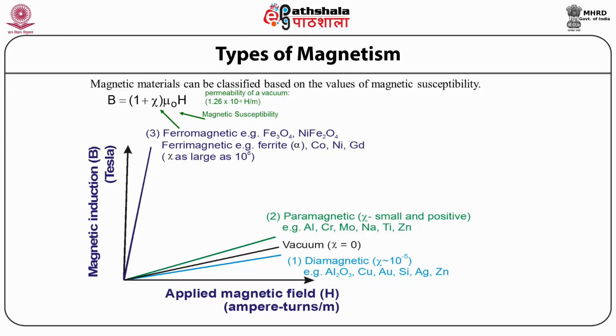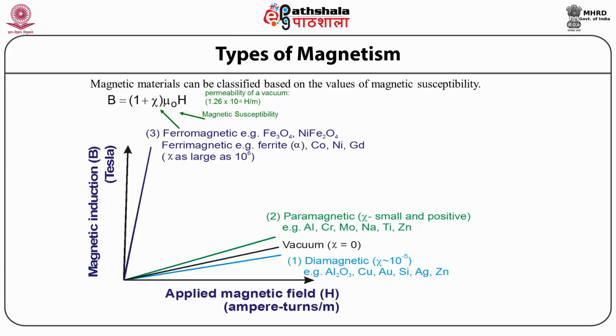Paramagnetic materials, which are represented by graph 2, have the magnetic susceptibility to be approximately equal to 0. And the materials which exhibit the paramagnetic behavior are aluminium, chromium, molybdenum, sodium, titanium, and zirconium.